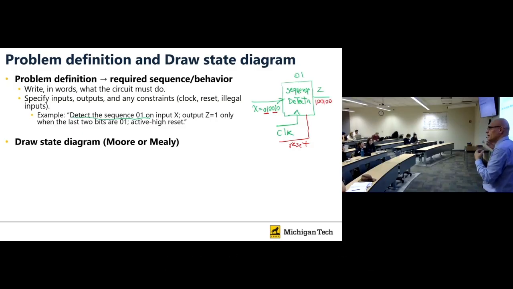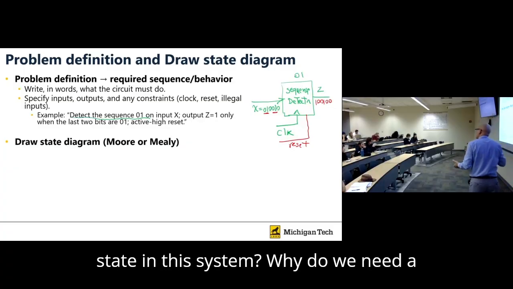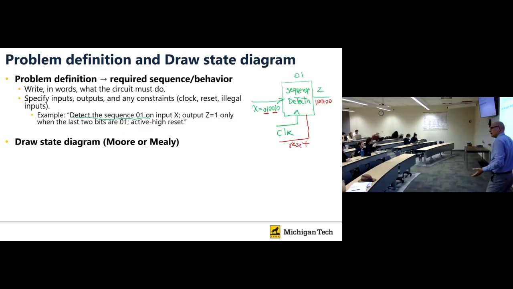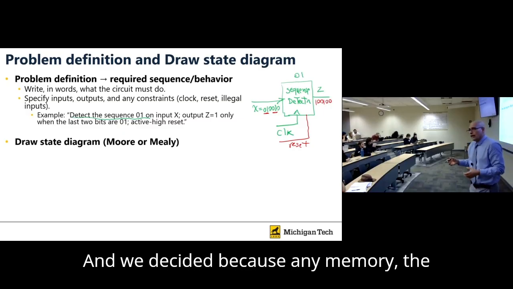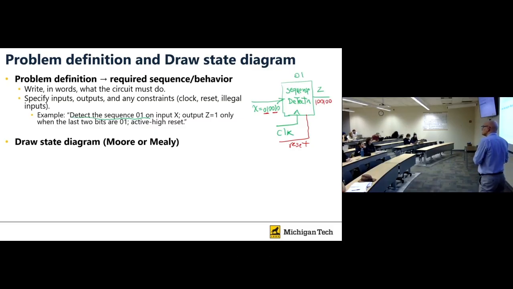Inside this system, we have some states. Why do we need states in this system? Why do we need memory in this example? And we decided that without any memory, the sequence detector cannot work. Any idea?